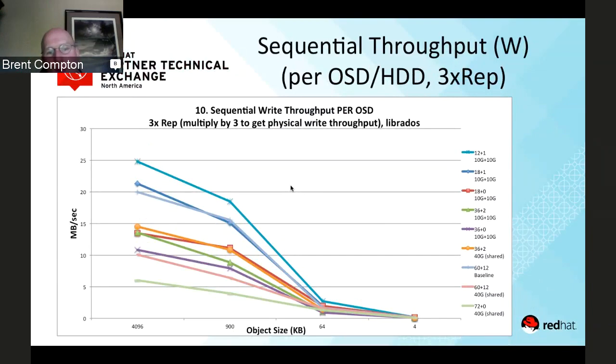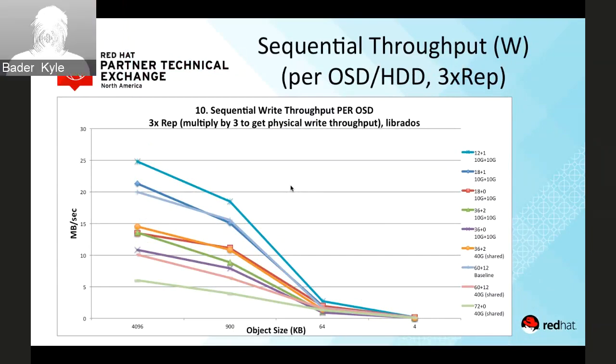Why are we only getting about a third of the write throughput per cluster? In this case, it's normalized per OSD. Why is that, Kyle? I mean, that's simply due to the fact that you're doing triplicate replication. Because you have to make 3 copies of it, you're going to see about 1/3 of the amount of throughput as you would see on writes.